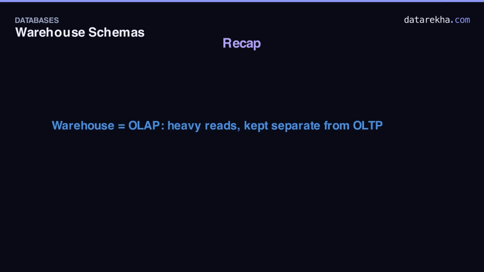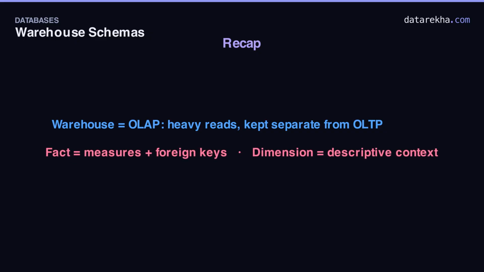Let's lock it in. A data warehouse serves analytics, OLAP, kept separate from the operational OLTP system, holding history so you can compare across years. Its tables split in two. Fact tables hold the measures you aggregate plus foreign keys in the center. Dimension tables hold the descriptive context, who, what, when, where, around the edge.